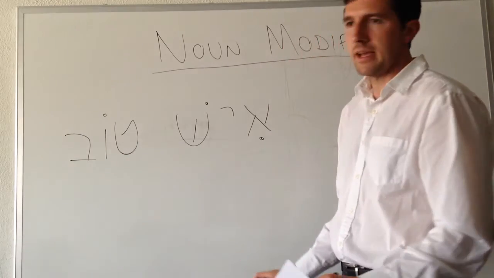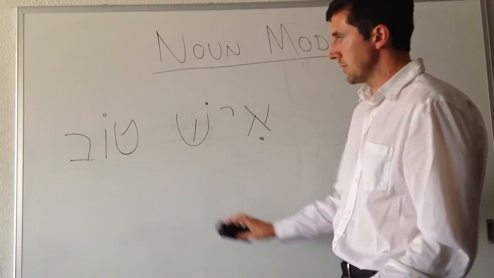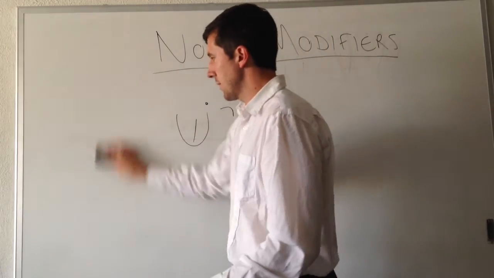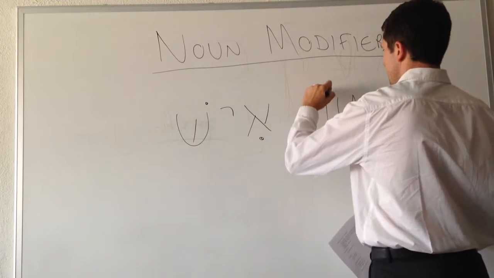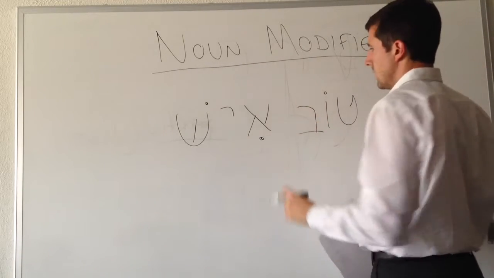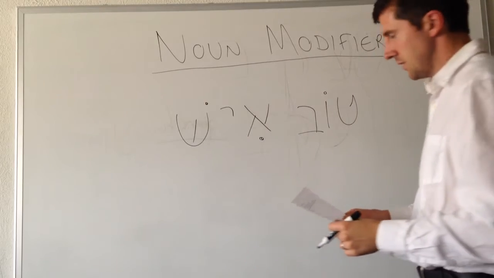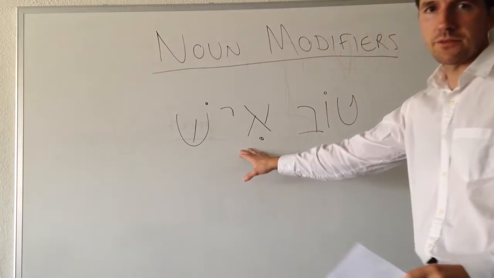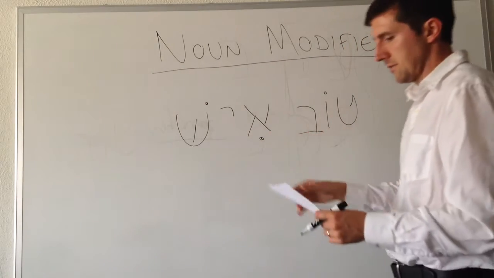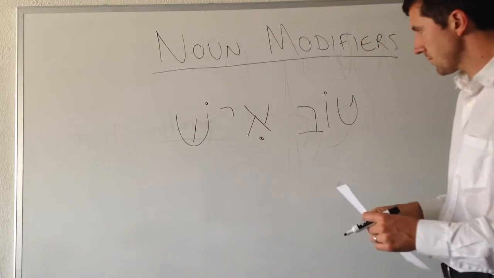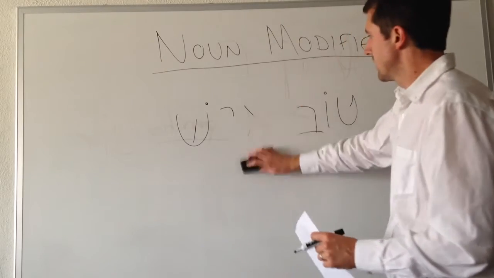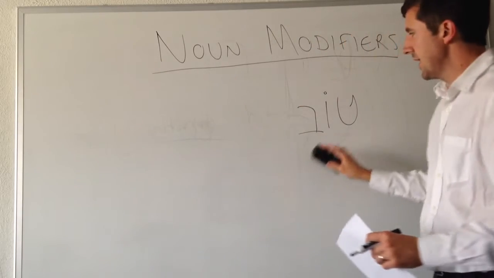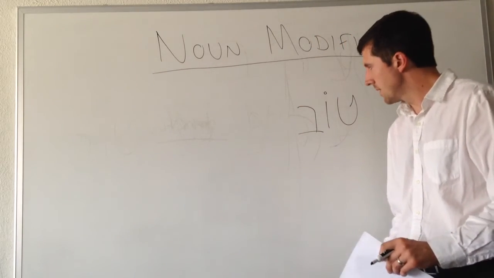But we can also say, a man is good, or the man is good, either way. And it typically comes over here. Tov, ish. Good man, but in English we would translate it, the man is good, or a man is good in this example.